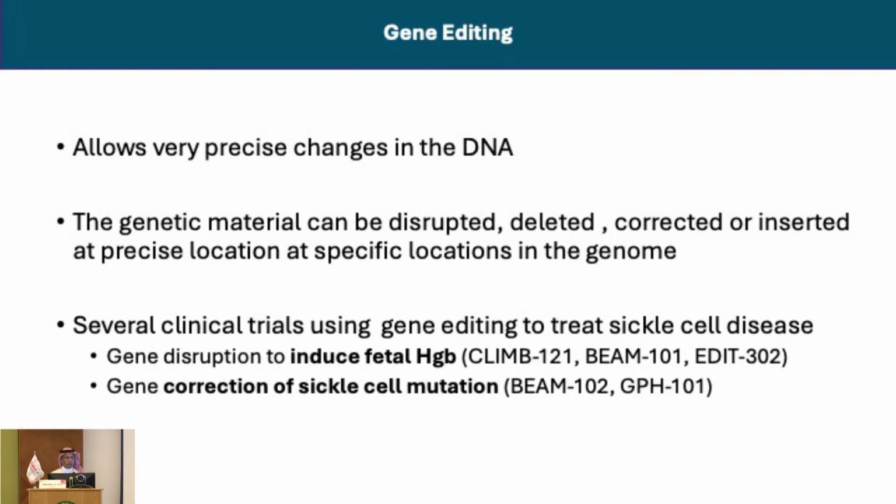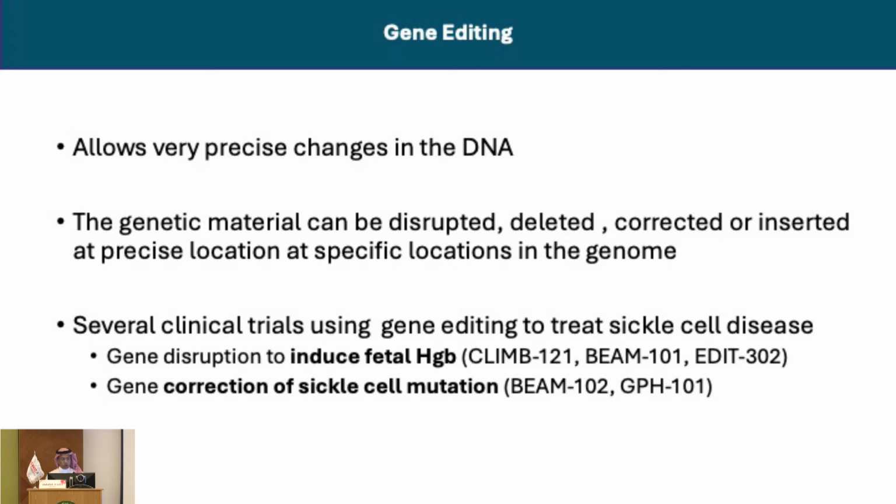The idea of gene editing is to allow very precise changes in the DNA. The genetic material can be either disrupted, deleted, corrected, or inserted at a precise, specific location in the genome. There are several clinical trials utilizing the gene editing.